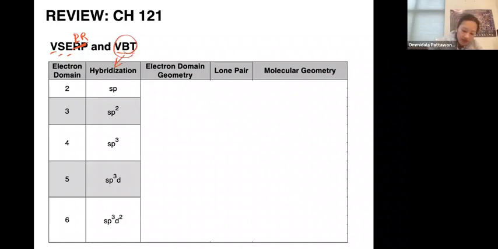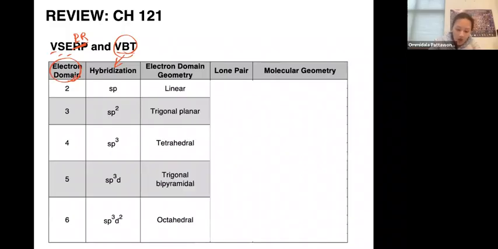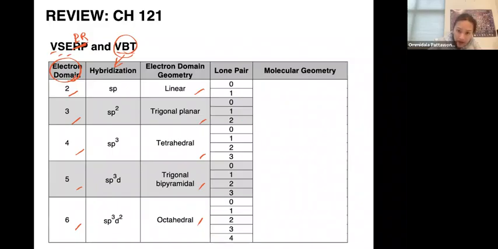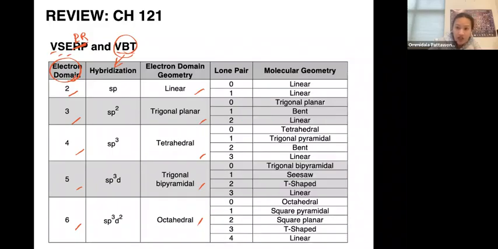These are the electron domains, which are the electron groups around the central atom. According to the number of electron groups, you can also determine the electron domain geometry, or the shape of the electrons around the central atom, and the number of lone pairs would dictate the molecular geometry.